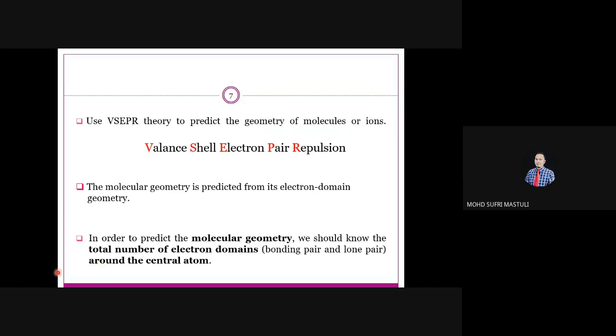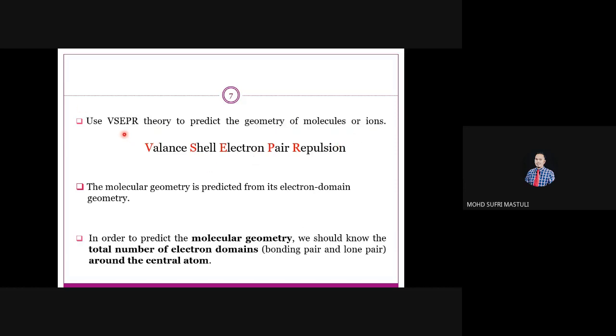So we have to focus more because starting from this slide, we're going to learn how to predict the geometry of any compound. We use the VSEPR theory in order to predict the geometry of molecules or ions.